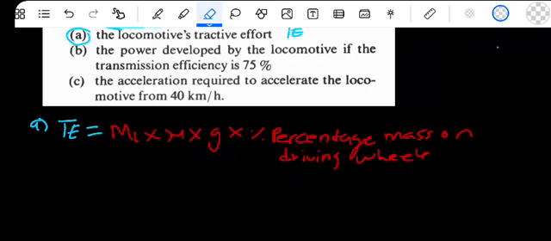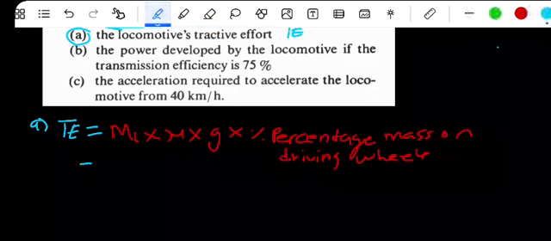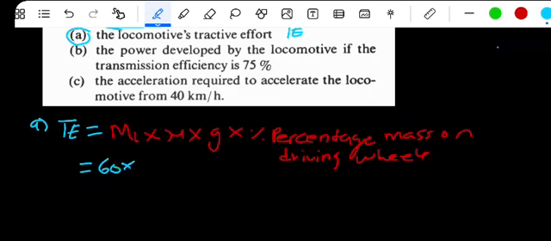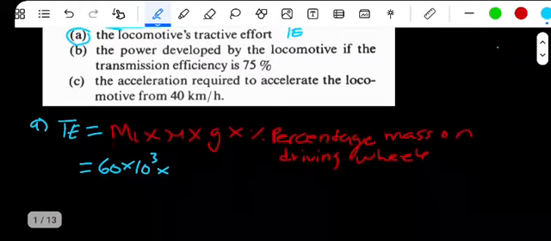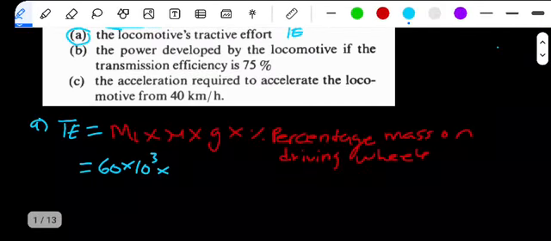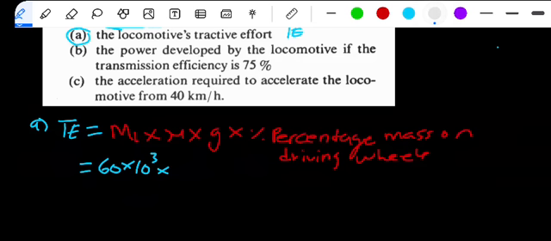The mass, since it's given in tons, will be 60 multiplied by 10 to the power of positive 3 for the conversion, multiplied by the coefficient between the rails. The coefficient given is 0.28. You multiply this by your coefficient 0.28, multiply by gravity 9.81, multiply by the percentage.